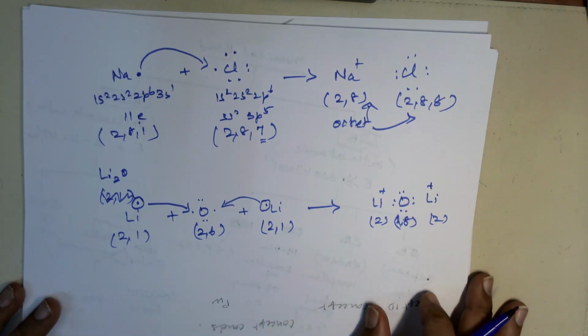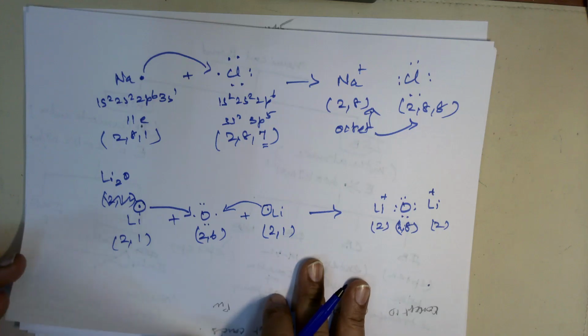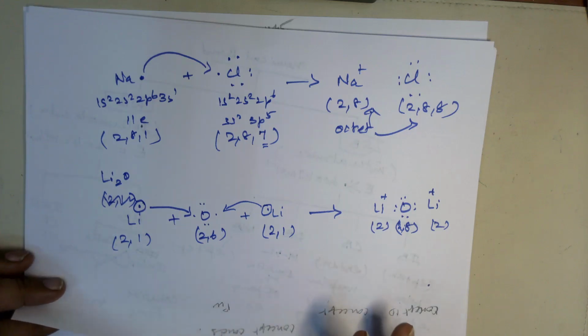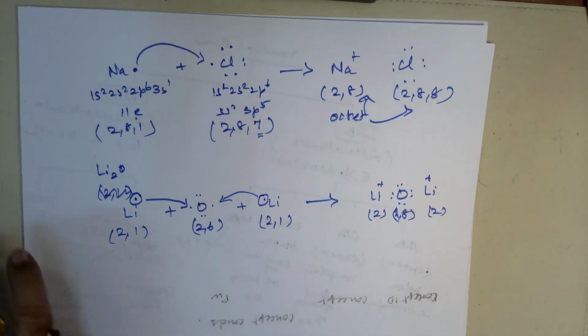So yesterday we were discussing the various compounds, particularly carbon dioxide and water. You have to practice the Lewis structures of all these compounds. I'll give you a worksheet and try to complete that one. Okay, so this is regarding the Lewis structures.